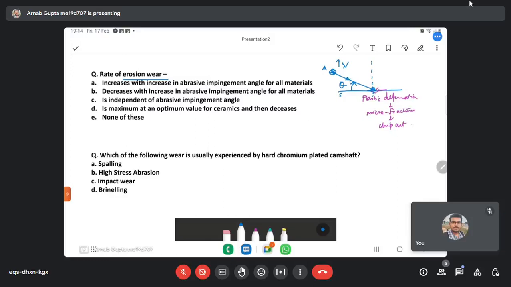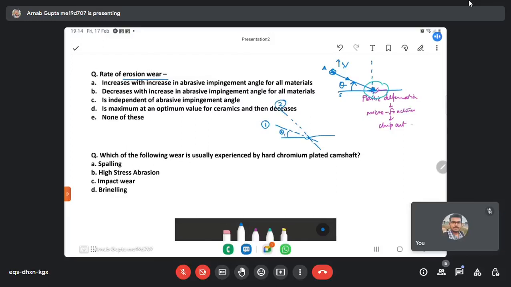So if theta is lower, what happens if theta is lower? So if you concentrate on this particular point where the impingement is happening, say the particle is coming here along this line for one case, and in a second case the particle is coming along this line.